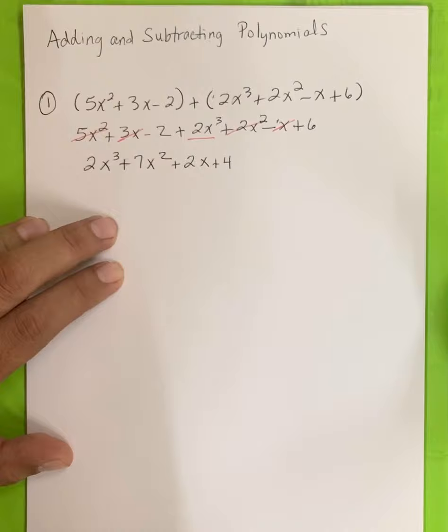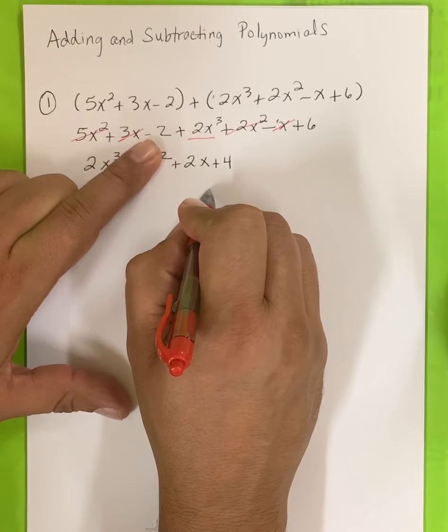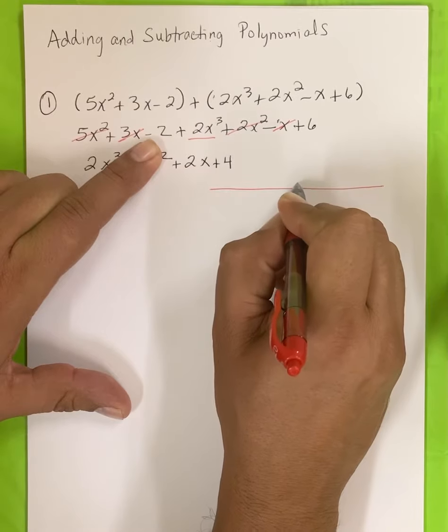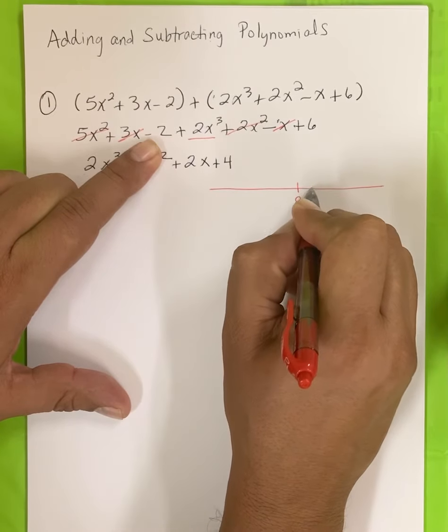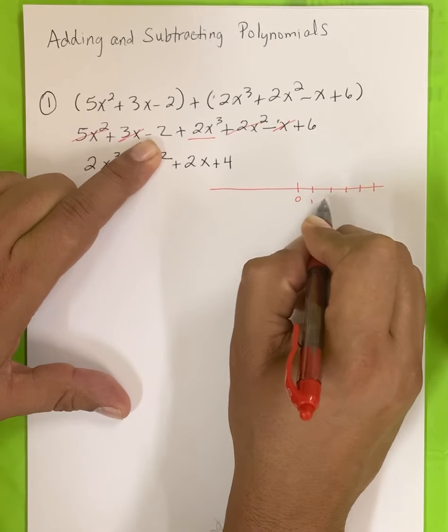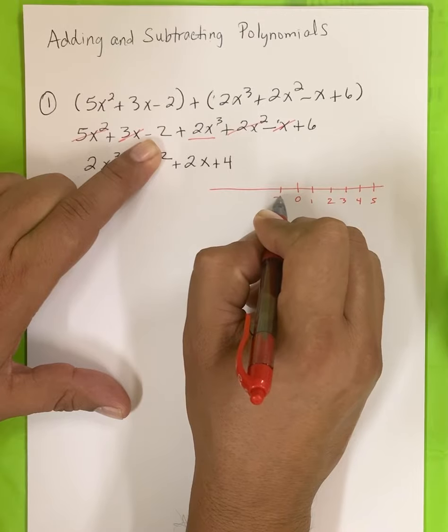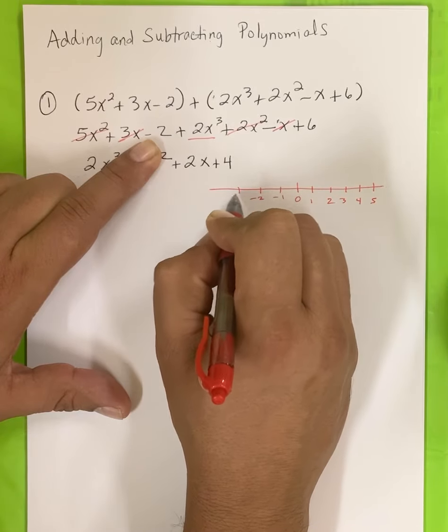Why plus 4? It's like if you have a number line. Let's say you have 0 right here, then 1, 2, 3, 4, 5, and negative 1, negative 2, negative 3.